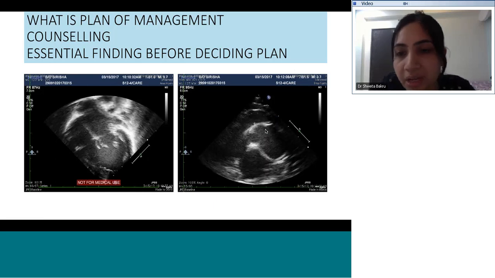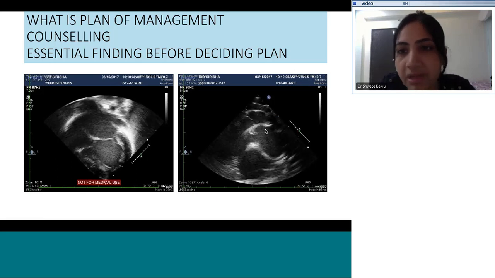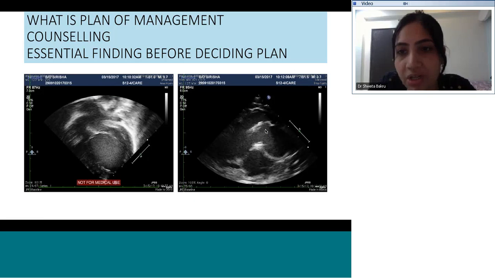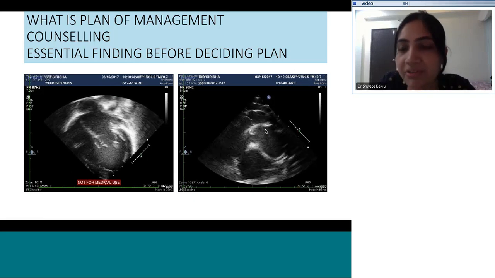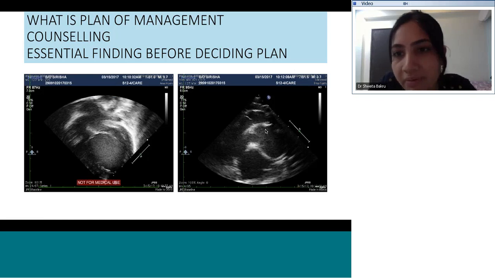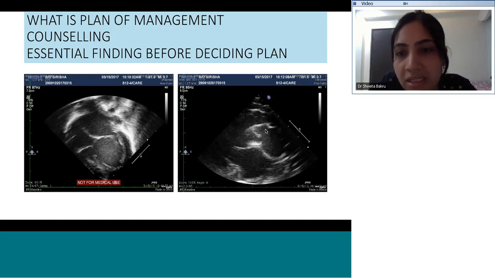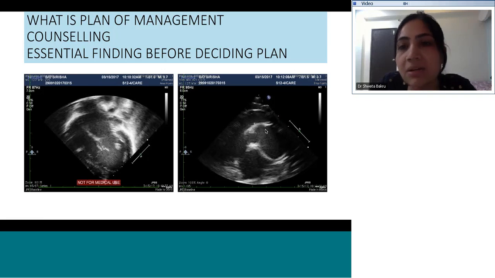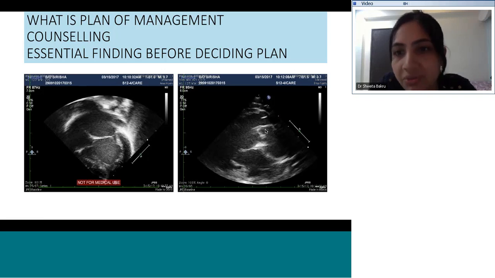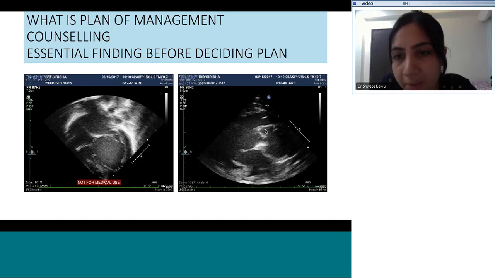The bulboventricular foramen is a communication between the rudimentary chamber and the dominant ventricular chamber, which otherwise is like a ventricular septal defect, but the rudimentary chamber is no more a ventricle. It doesn't have an inlet, so we are not going to call the defect a ventricular septal defect. Instead, we call it a bulboventricular foramen.